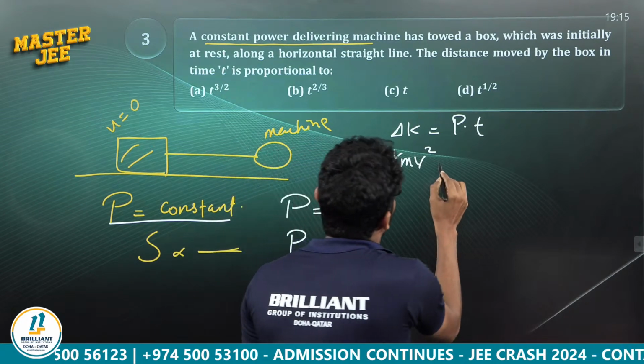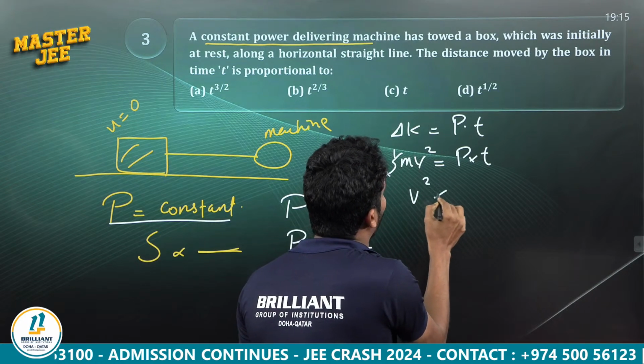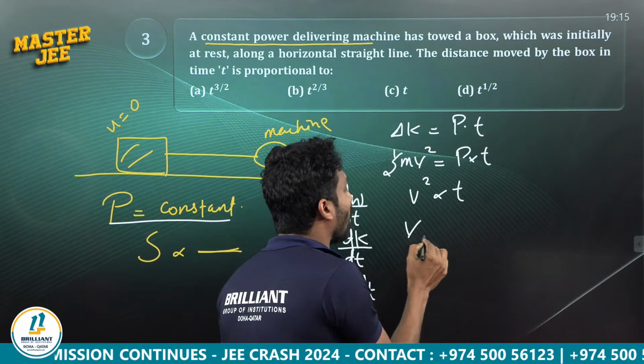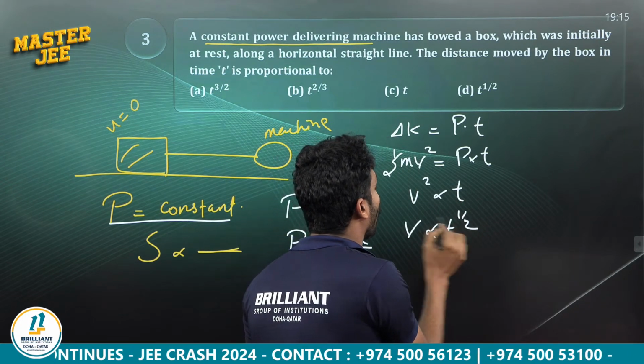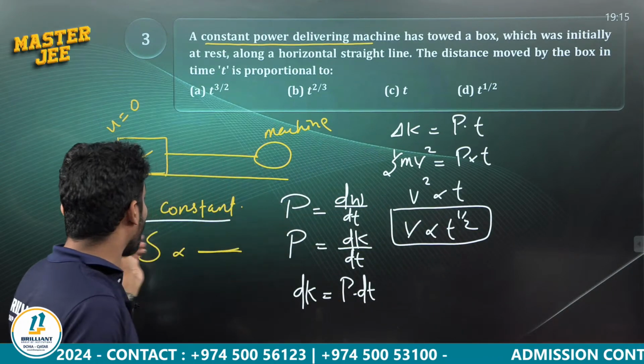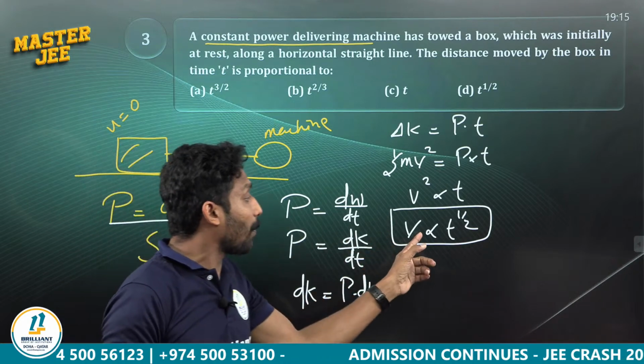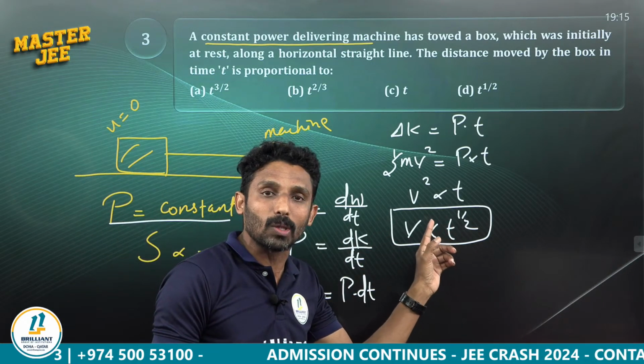This is equal to power into time, which means v square is proportional to t, which means velocity is proportional to t raised to half. This is one important result: when power delivery is constant, the velocity of the object is proportional to t raised to half, or root t.